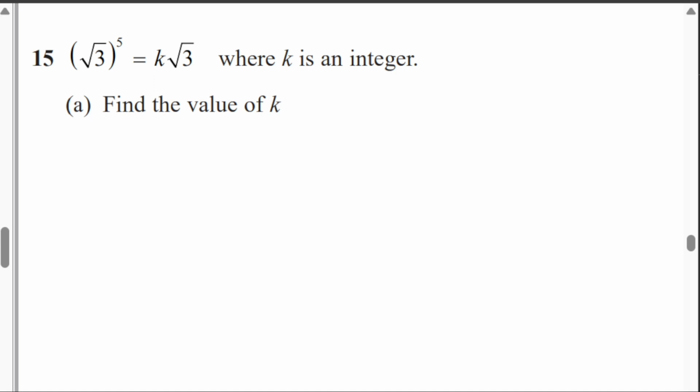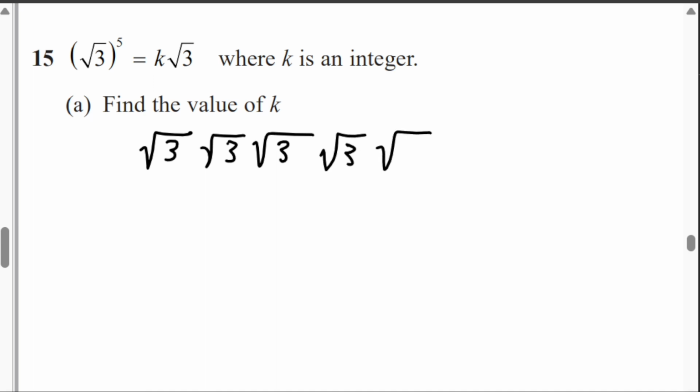The fun way is it's just fun. What's root 3 to the power 5? To the power 5 means root 3 multiplied by root 3 5 times. So this is root 3 times root 3 times root 3 times root 3 times root 3. Now, root 3 times root 3 is always 3.